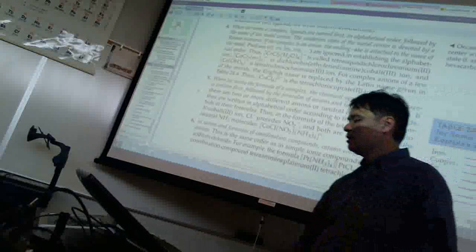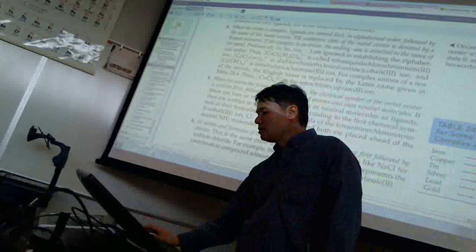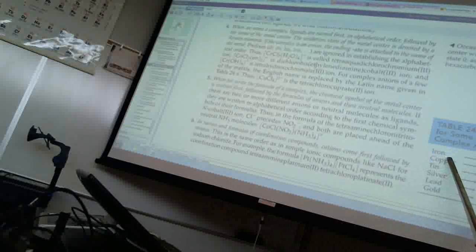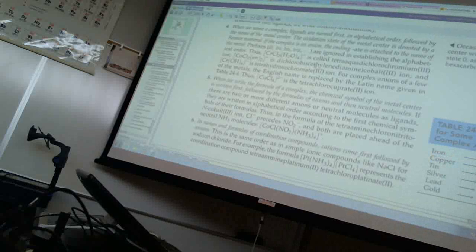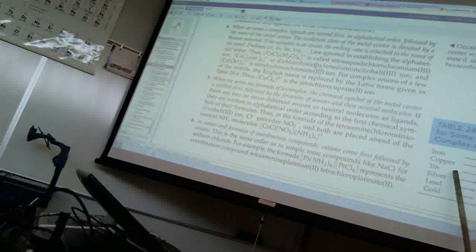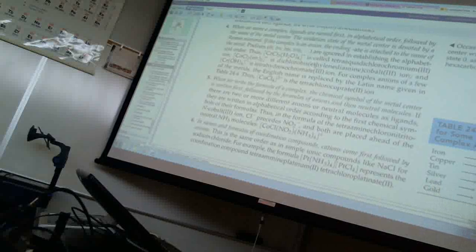Now some metals have a funny name when you add the -ate. So for example, let's say the whole complex carried a net negative charge and you had iron. You wouldn't want to call it ironate. Ironate sounds too funny, so we call it ferrate. Copperate sounds funny, so we call it cuprate. Tin, stannate; silver, argentate; lead, plumbate; gold, aurate.